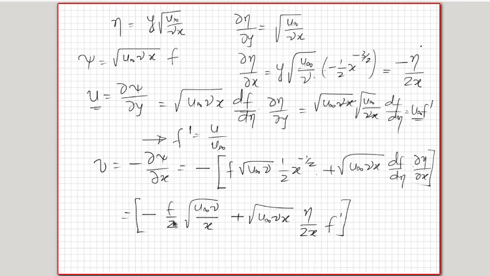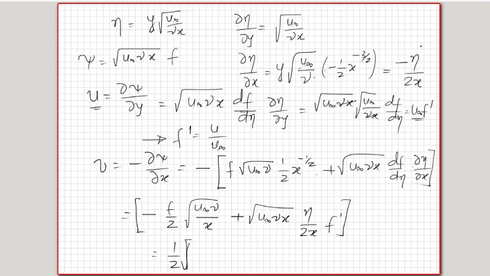This is V. Now what will happen? This 2x, the x will cancel part of this, half can be taken out. So this will be half of, and there will be one x below that will be there. So you will again get u infinity nu divided by x square root.